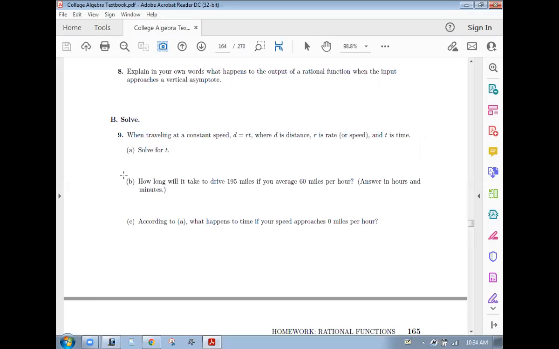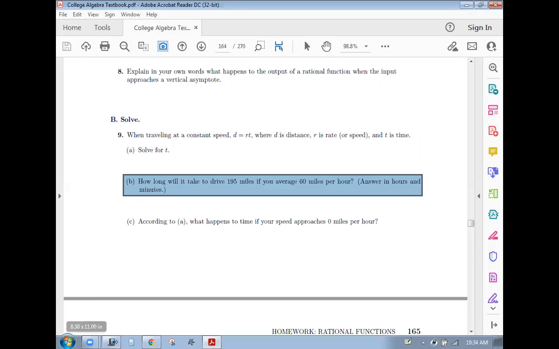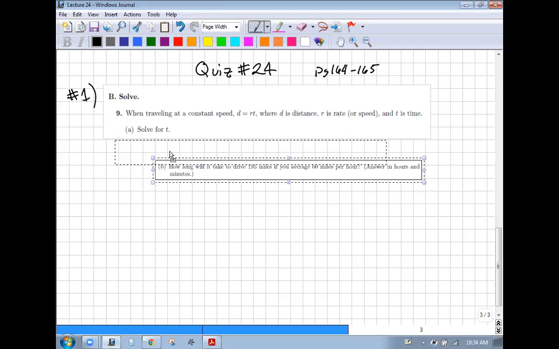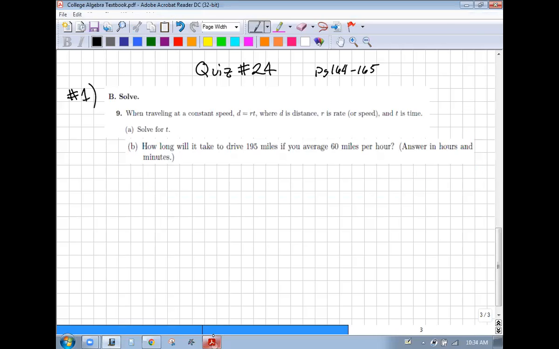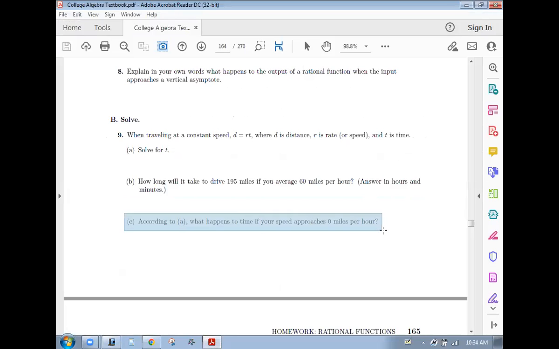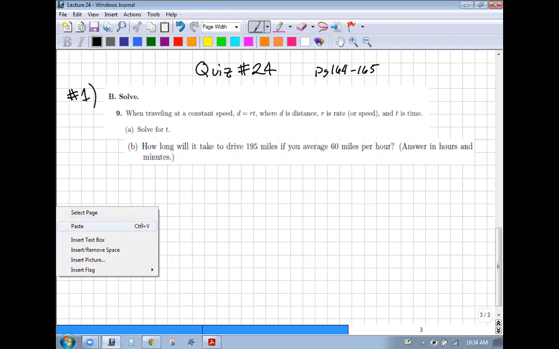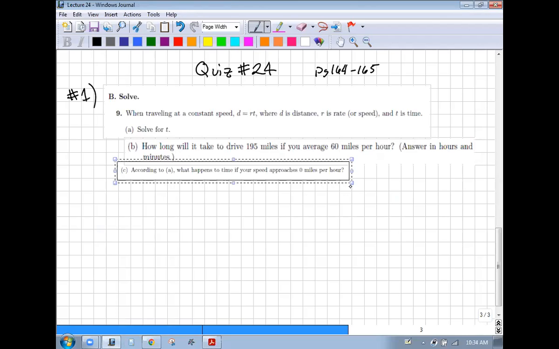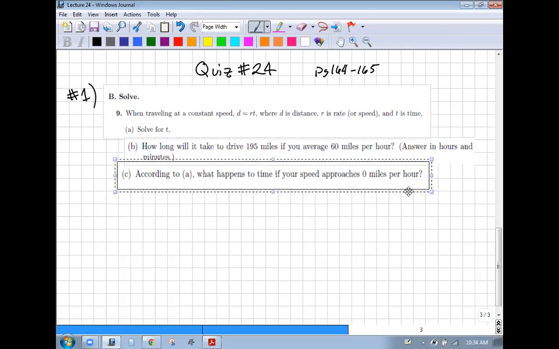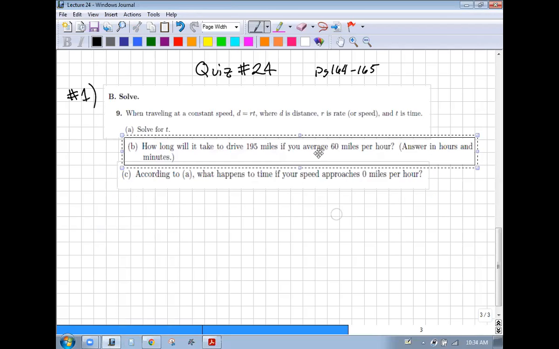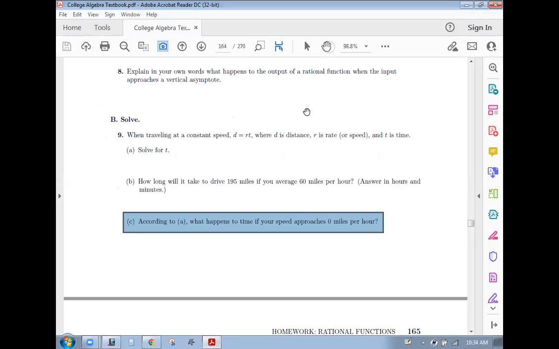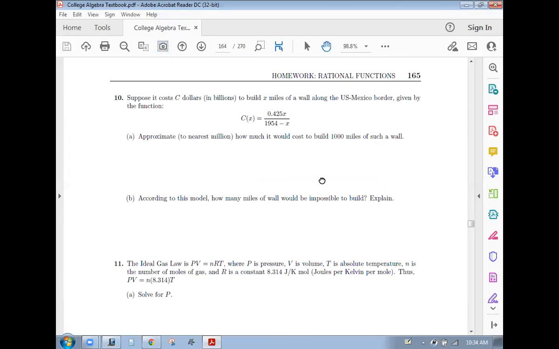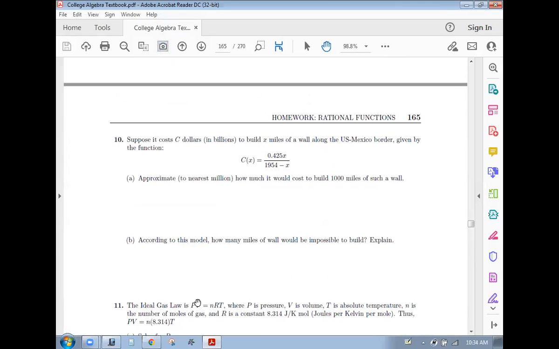A, B, and C. And then number 2, well, let's do this one.